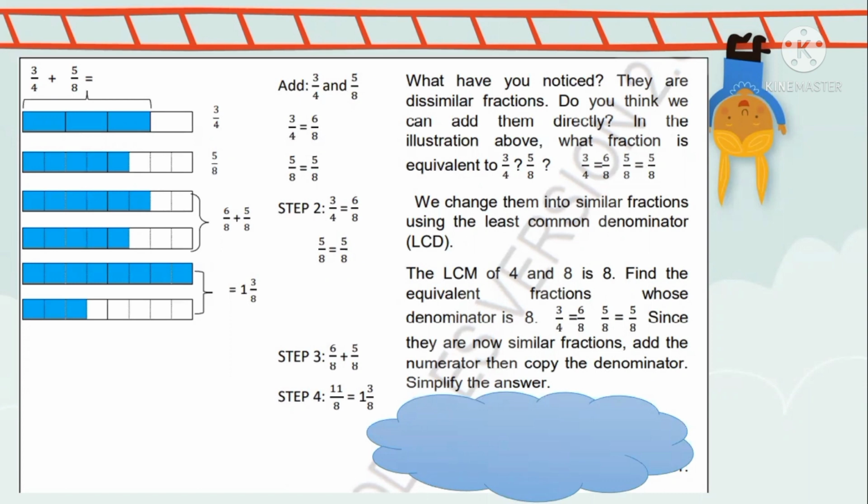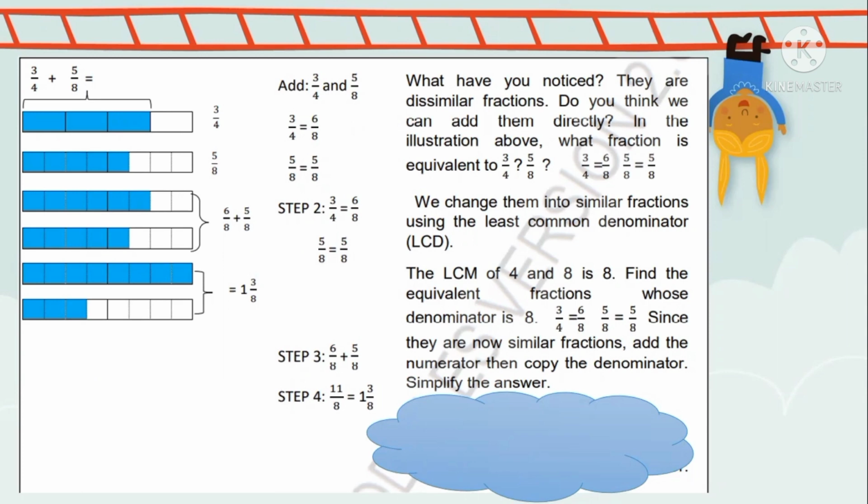In the illustration, the fractions have equivalents. So try to observe. The first rectangle represents 3/4. The second is 5/8. But since we cannot add 3/4 and 5/8 directly because they are dissimilar fractions, we have to do something. We have to change.